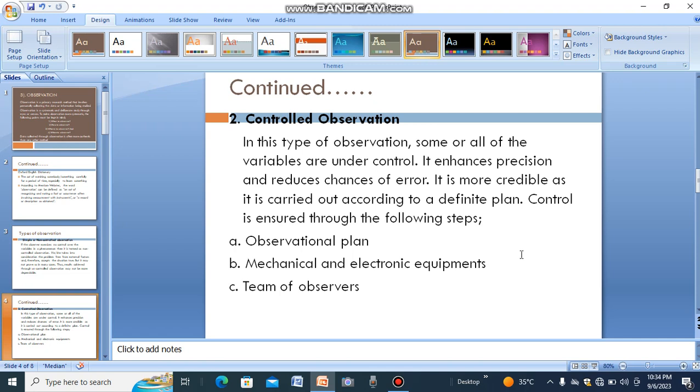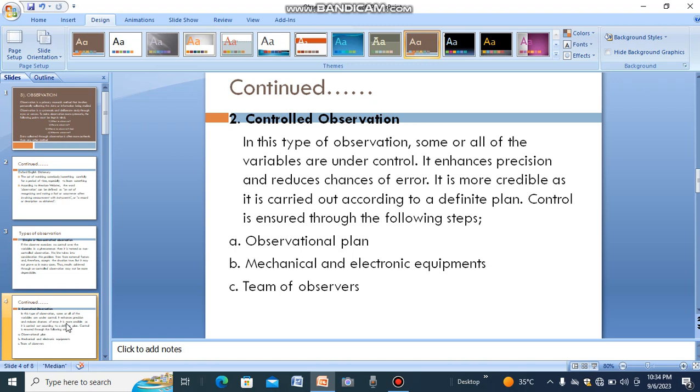It is more credible and more reliable as compared to the non-controlled observation. Important steps to be kept in mind: the observational plan, the mechanical and electrical equipments, and the team of observers.